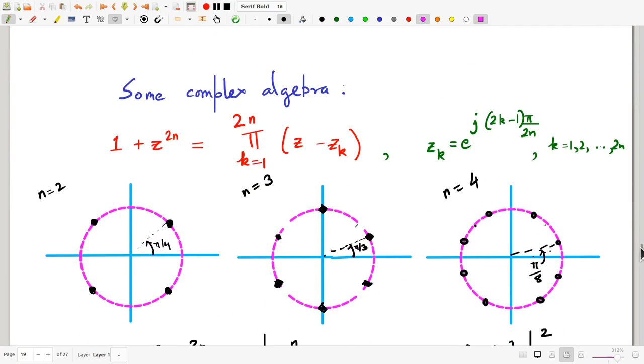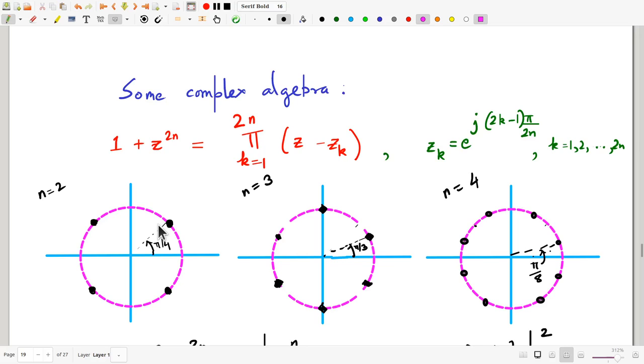So what do they look like on the complex plane? Well, when n is equal to 2, we have 4 fourth roots of minus 1, which sit on points on a unit circle, and you can easily check that each of these numbers, when raised to the power 4, will give you minus 1.